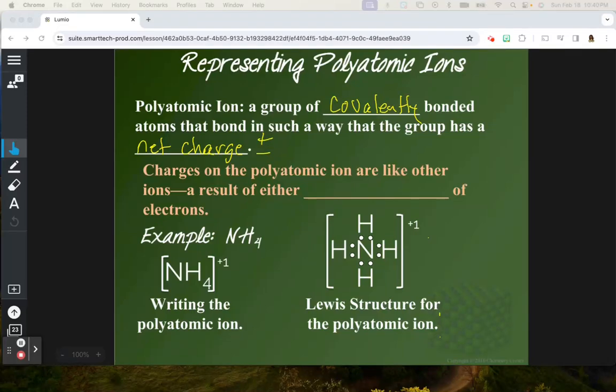Charges on a polyatomic are like other ions, a result of either a gain or loss of electrons. All right. So please be sure to write down this sample of NH4 in your note packet.